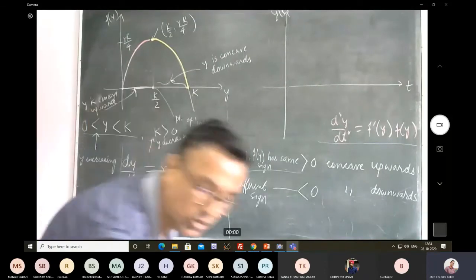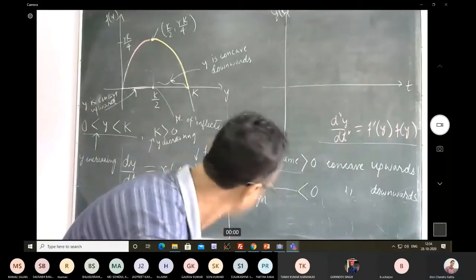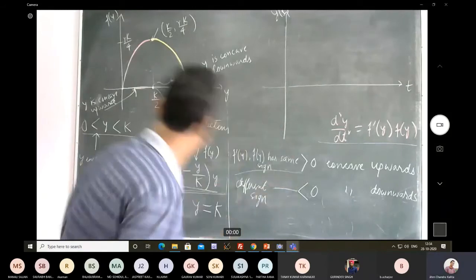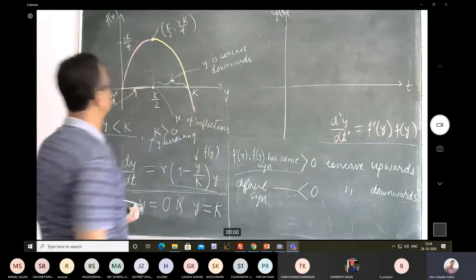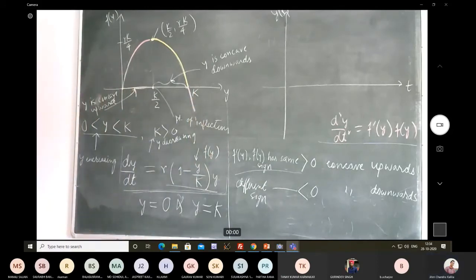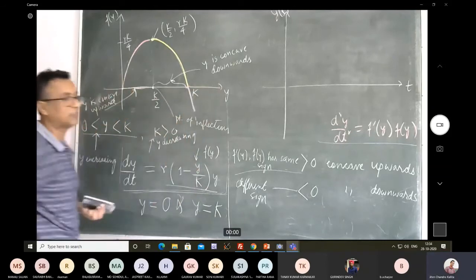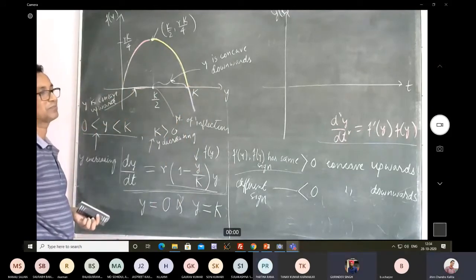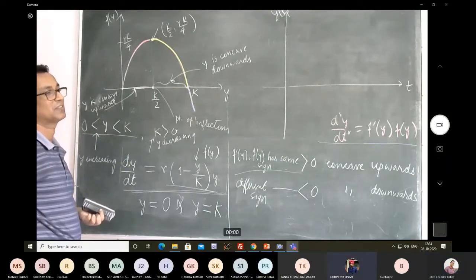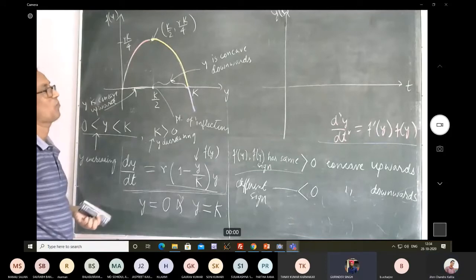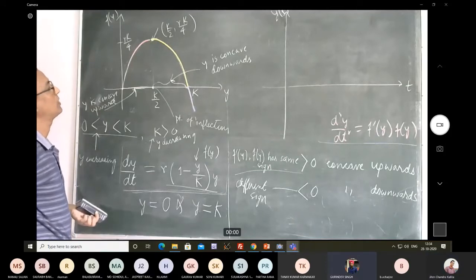And what about this portion? Is it going to be concave upwards or downwards? When y is greater than k, what is going to happen? Concave upwards. Why? Because both will be negative.